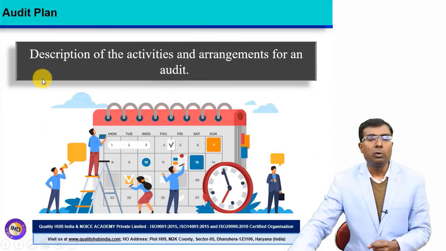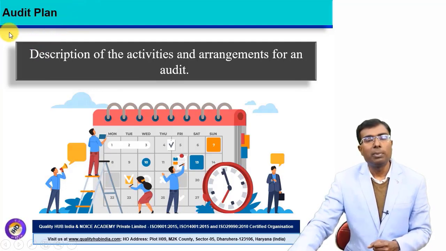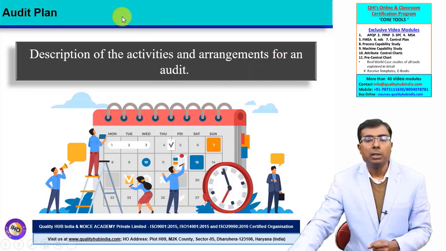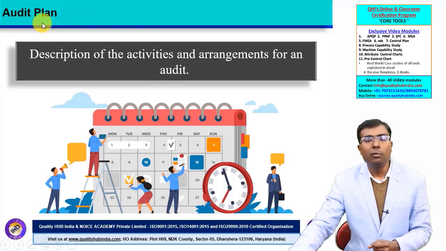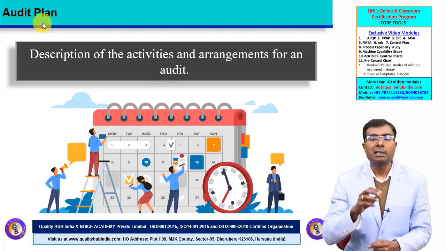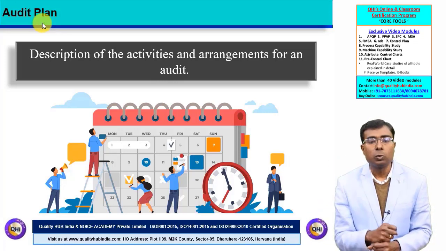The next term we are going to learn is audit plan, and the definition of the plan is description of the activities and arrangements for an audit. Generally, during the audit we make a plan. So the plan would comprise the people who are going to audit. For example, there would be a pool of auditors, and there would be auditees also.